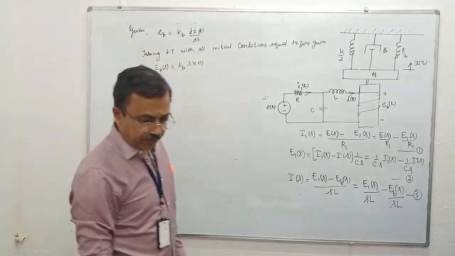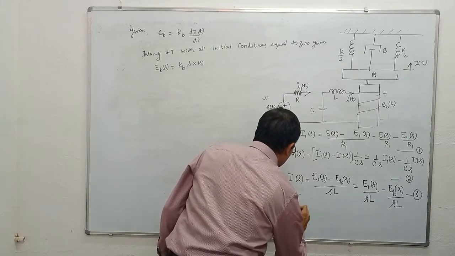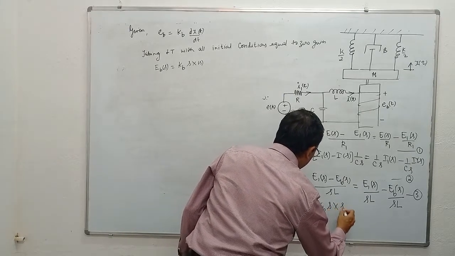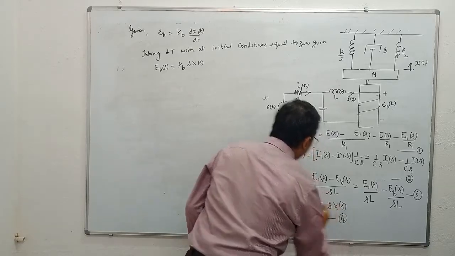This I call equation number 4. I will write it down here: Eb(s) is equal to kb into s into X(s). This is equation number 4.